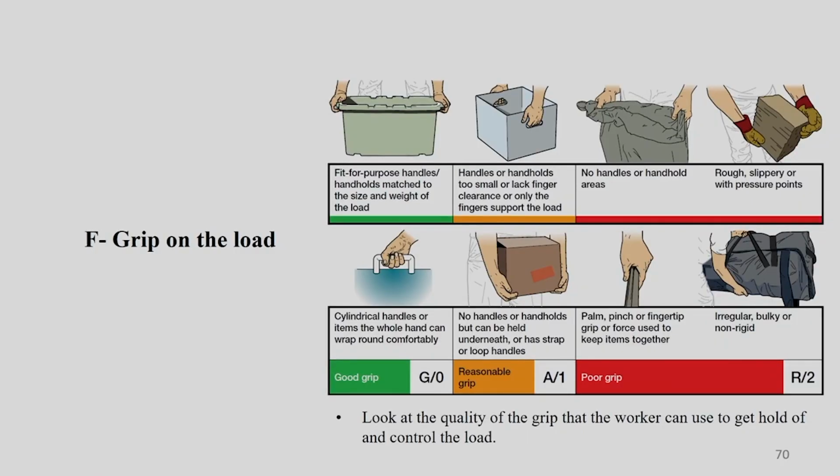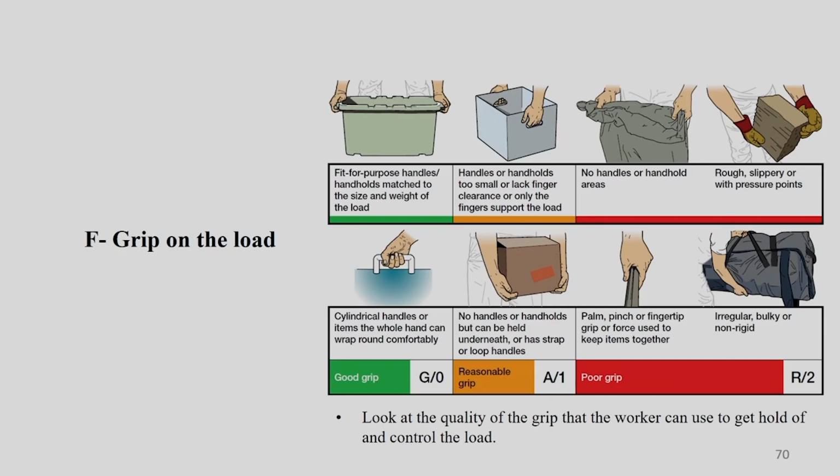Now let us understand what is green, amber and red for grip on the load. We have specific definitions. First is green, that is G0. You say fit for purpose: that handle has been designed for the purpose, which is desirable. Handholds match the size and weight of the load.